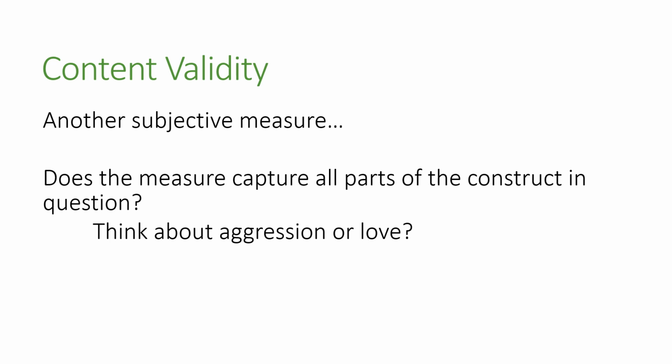If I were to develop a measure that says this is a good measure of somebody's level of aggression, and I of course put a number to it, when we're asking the content validity question, what we're going to do is go through all of the questions and classify them into groups. So do we have enough questions about passive aggression? Do we have enough questions about violent aggression? Do we have enough questions about verbal aggression?